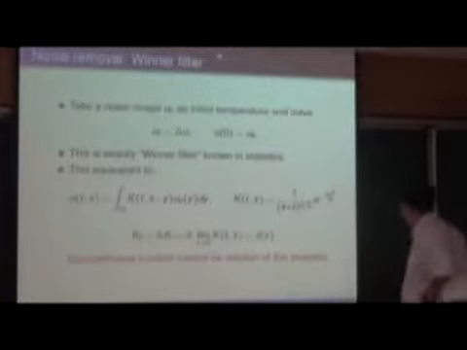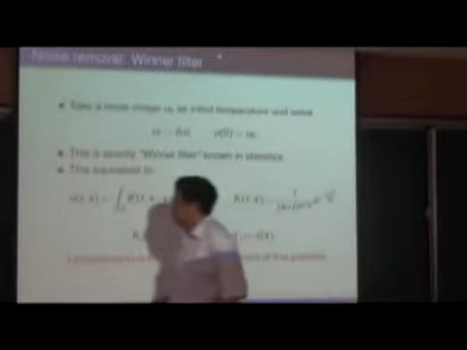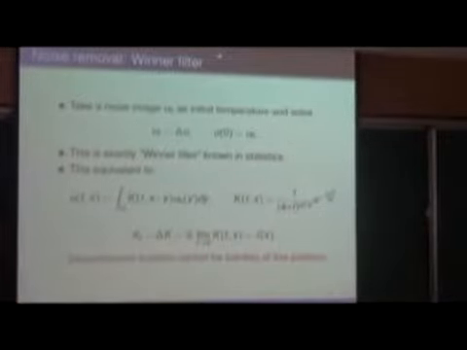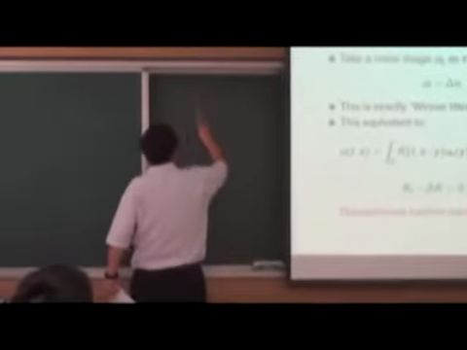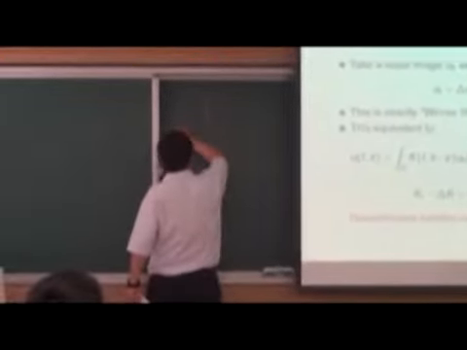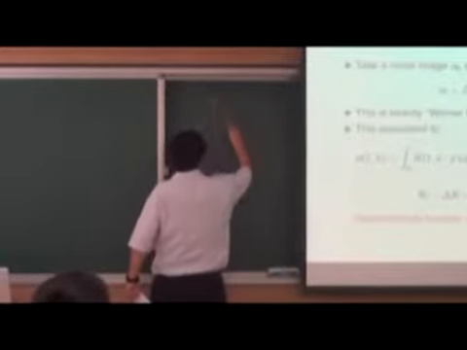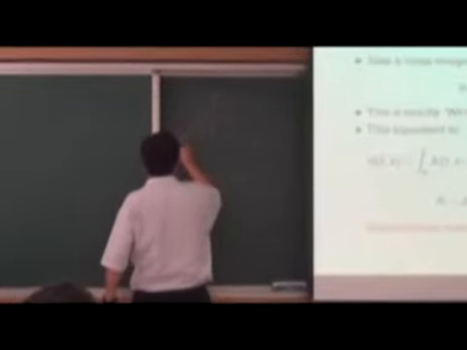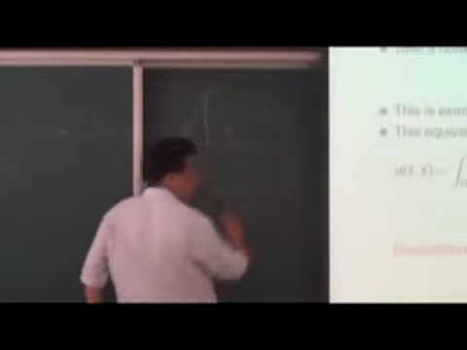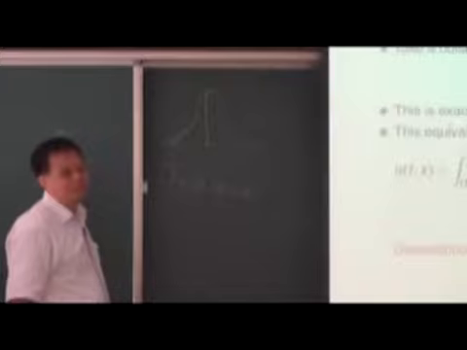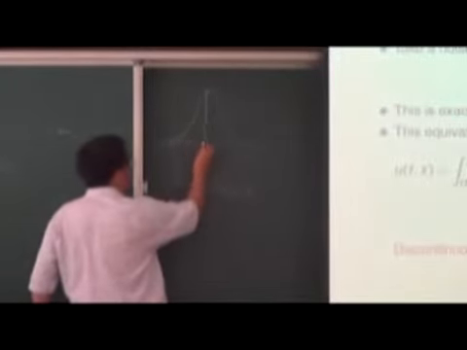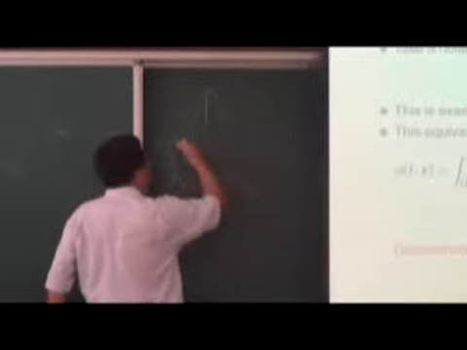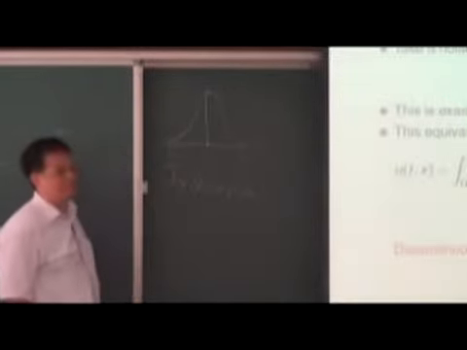So the fundamental solution has a very simple form, right? If you draw it, here this is the fundamental solution. I think it was essentially minus 3 sigma and positive 3 sigma. Outside, it is non-zero, but nearly 0. That's the fundamental solution. So you convolute your image with such a kernel.